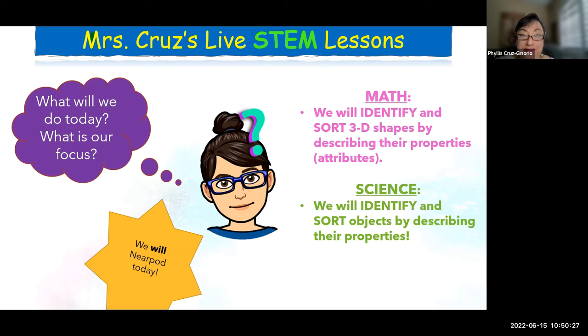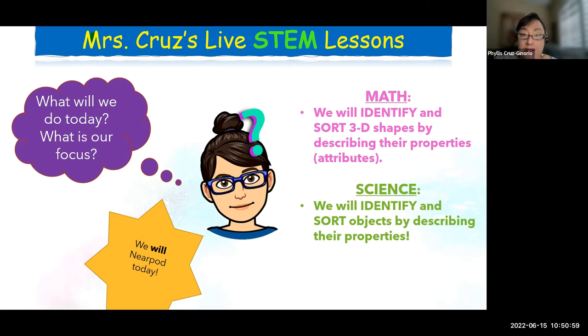All right. Now, what are we doing for science? Then, about halfway through the lesson, we're going to take a quick brain stretch break, and then we're going to jump into science. And you know what's cool about science? We're doing a lot of the same thing. We're going to identify and sort objects. Oh, you mean just like we did with our shapes? Yeah. And we're going to be able to do that because we'll be describing them and describing their properties, their attributes.